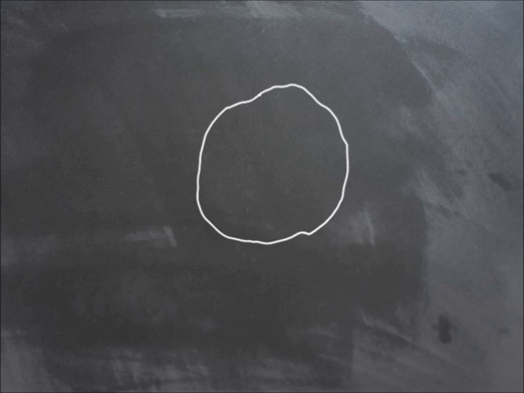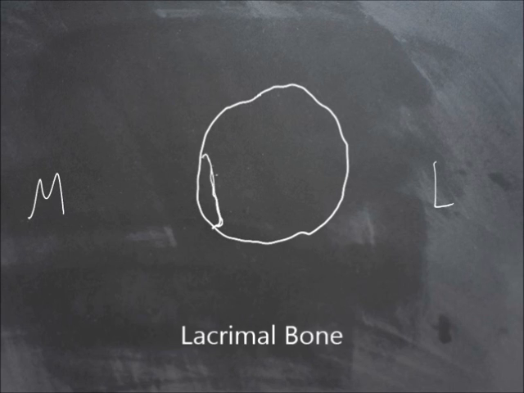Let's do some orbit. So here's our orbit. We're going to say that this is lateral. This is medial, so this is closer to the nose. This is closer to the ear. You have the lacrimal bone here.